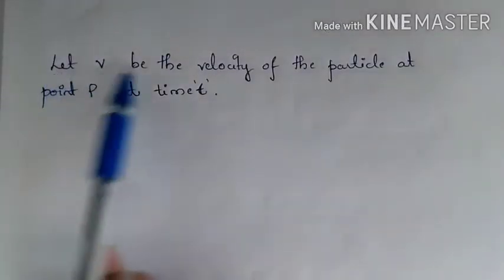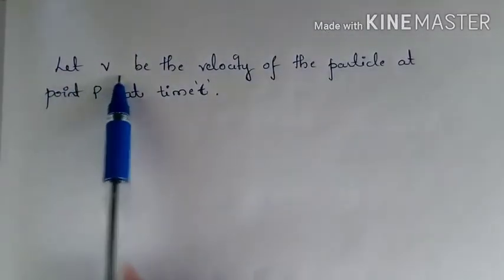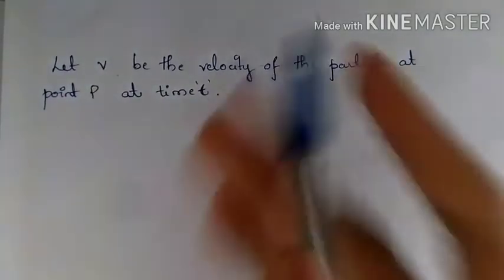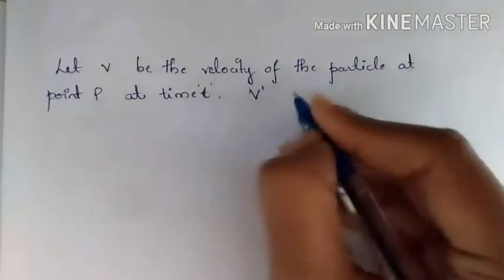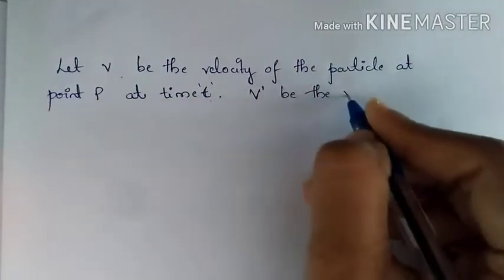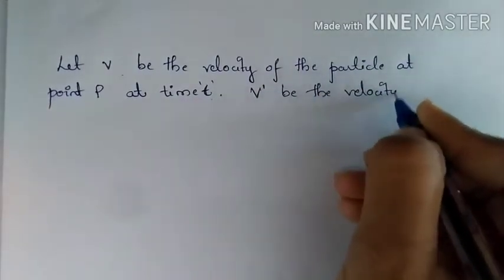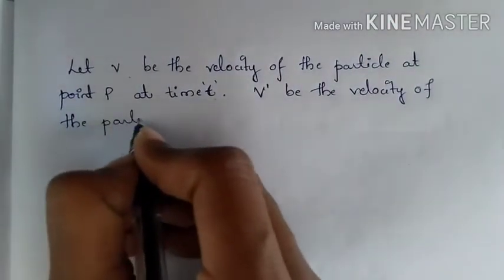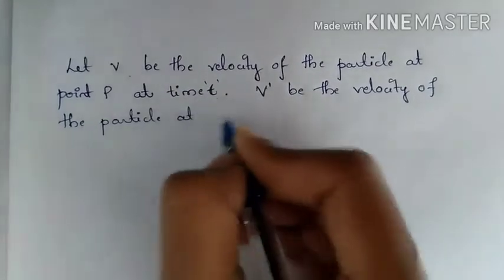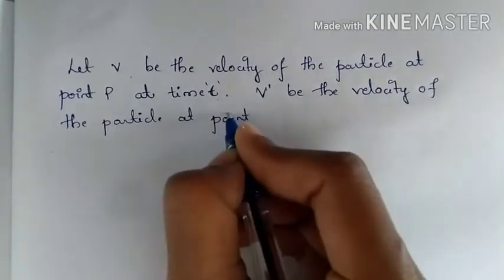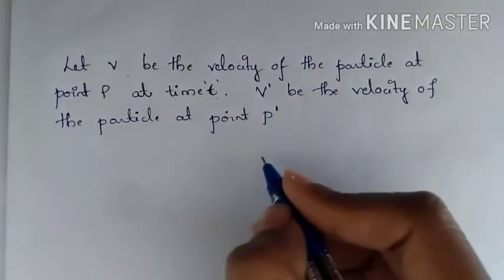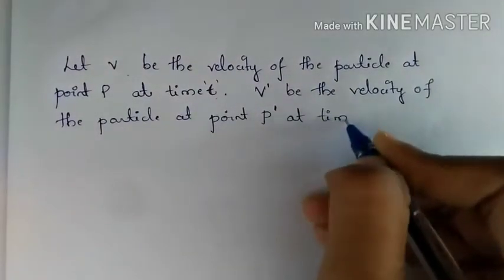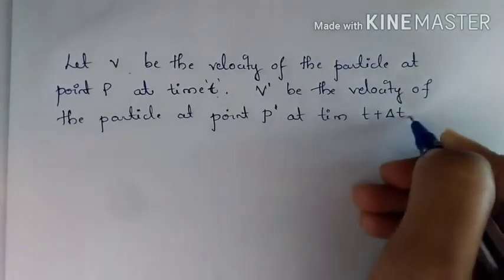Now from the diagram it is clear that V is the velocity of a particle at point P at time t, and V prime is the velocity of the particle at point P prime at time t plus delta t.